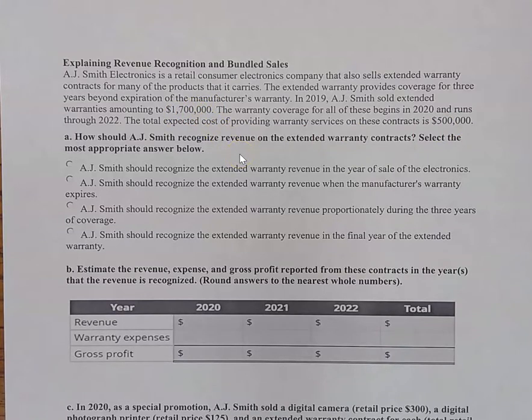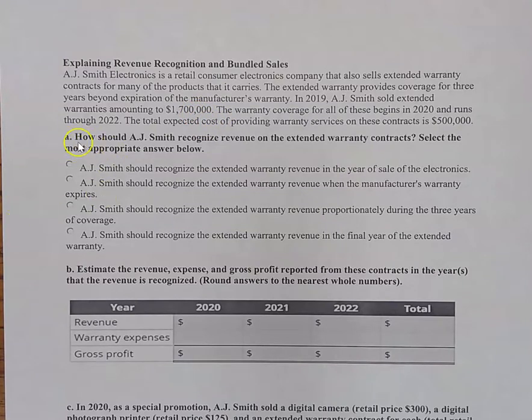We are going to take this 1.7 million and prorate it in a proportional manner, which is essentially what prorate means, over the life of the warranty. Are we going to necessarily take 1.7 million and simply divide it by 3? Yeah, probably we are in this class.